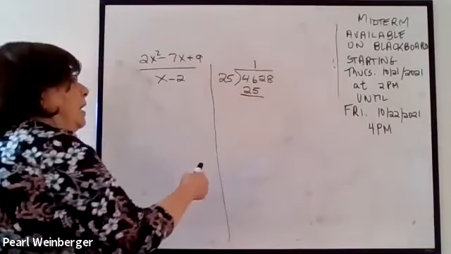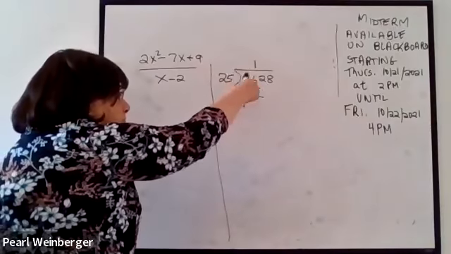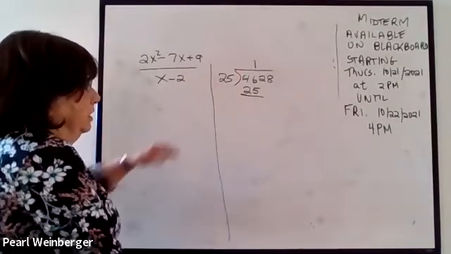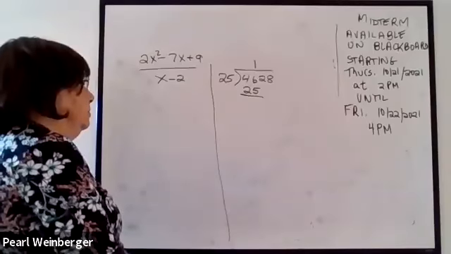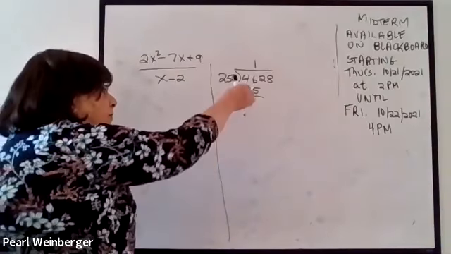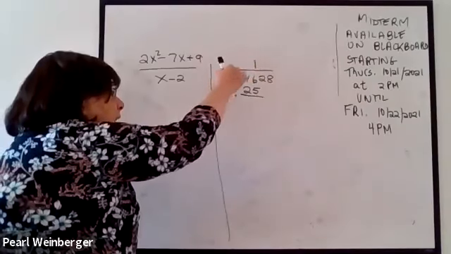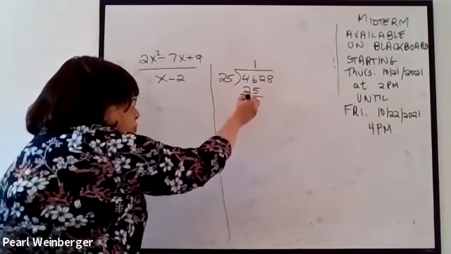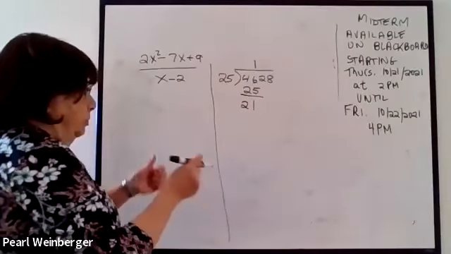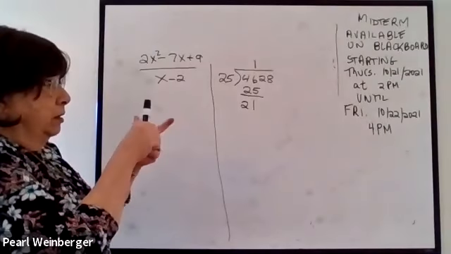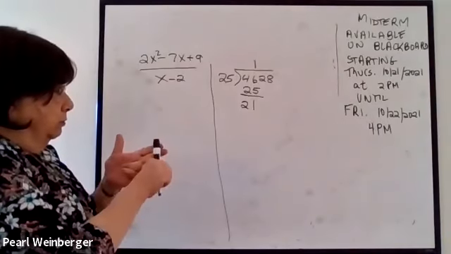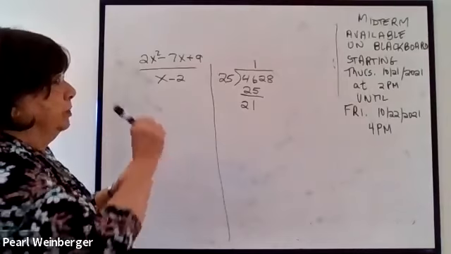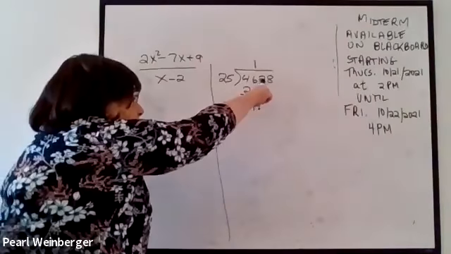I put it right under what we call the dividend, the thing that's inside the division sign. And after I have multiplied, I subtract. 6 minus 5 is 1, 4 minus 2 is 2. So remember what we did. We divided, then we multiplied, then we subtracted. And the next step is to bring down the next number. Now, the next number I see is a 2.